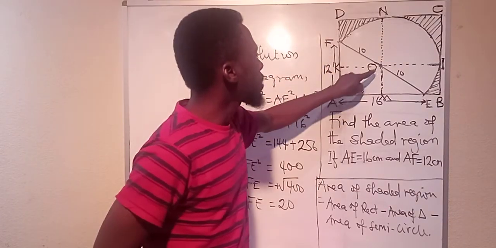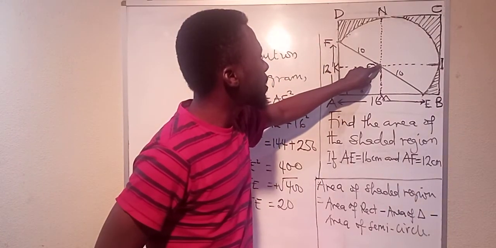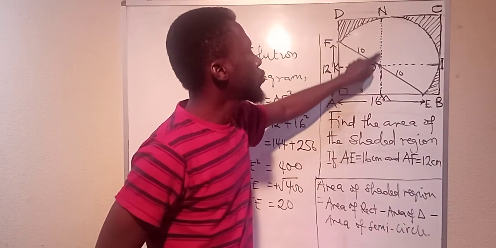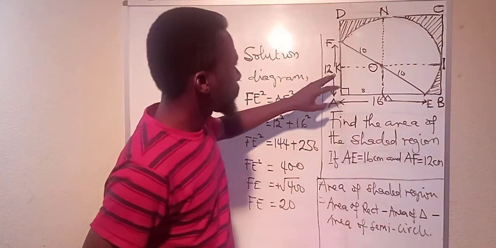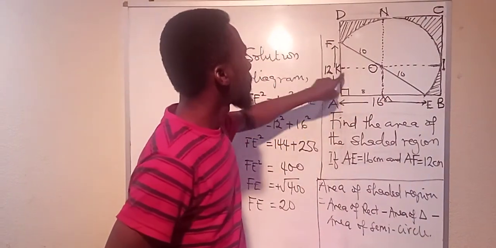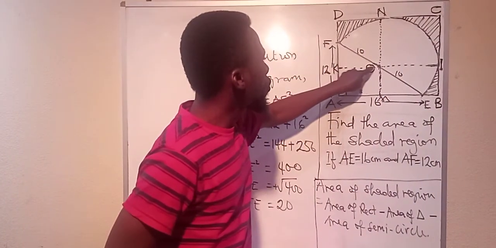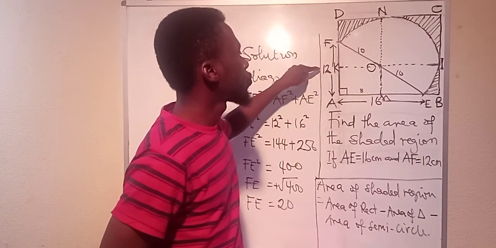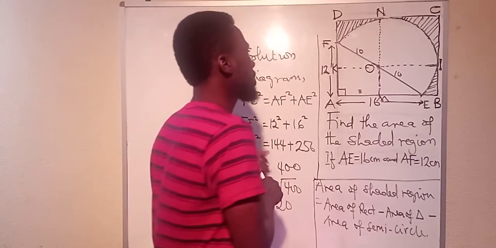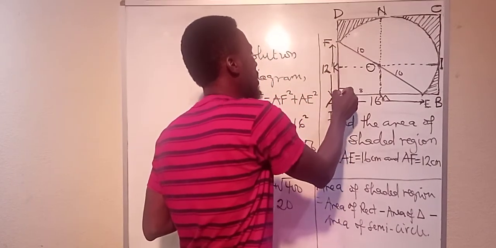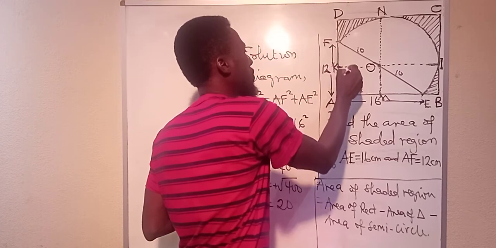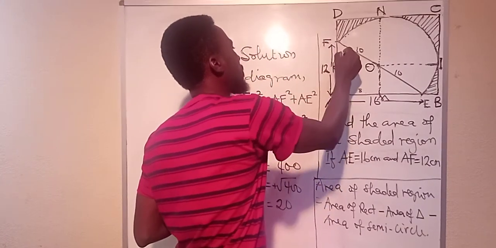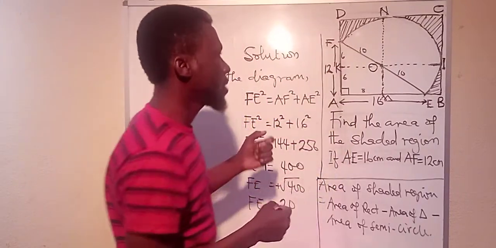When we extend this line from O to M, and from O to N, we can see that from this point O to K divides AF into 2. So AK will give us 6, since AF is equal to 12, and so KF is also 6.